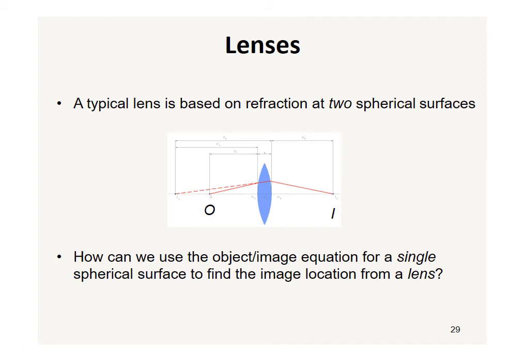First of all, we consider a ray that comes from our object, and we know that has a distance O to the vertex here. Then we work out what that first surface there would do to the ray.